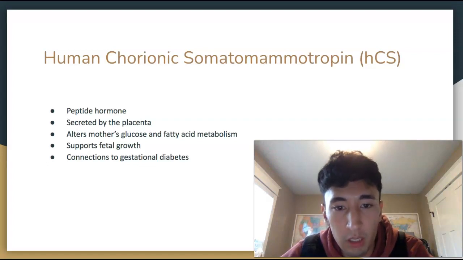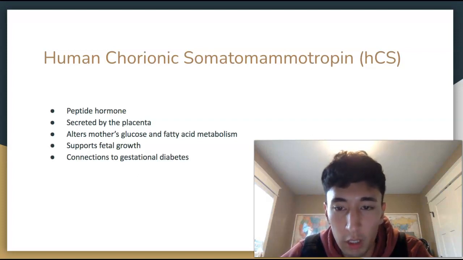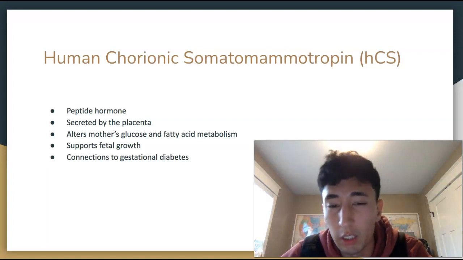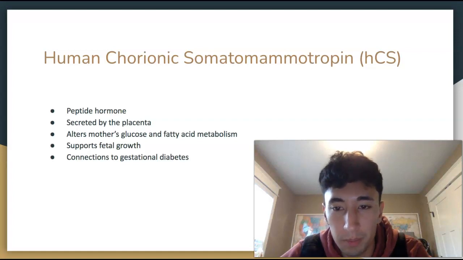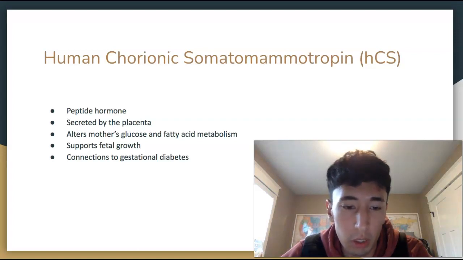HCS does alter the mother's glucose and fatty acid metabolism, but it does support fetal growth as well, and it does have connections to gestational diabetes, which is very important that we try to keep each baby healthy. So gestational diabetes is not what we are looking for in pregnancies to keep that baby healthy.